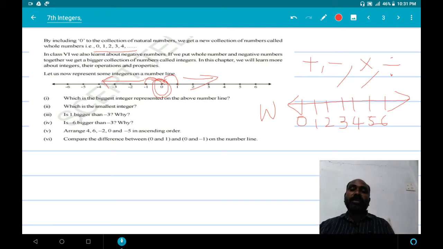Okay, so when we move towards the right side, each step the number increases by one. If we move left side, each step the number decreases by one.